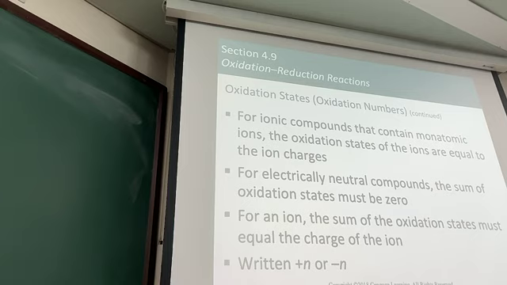We usually use Roman numerals for that. Or if we have calcium hydroxide, this would be +2 and this would be -1. So the charges in this case equal the oxidation numbers.